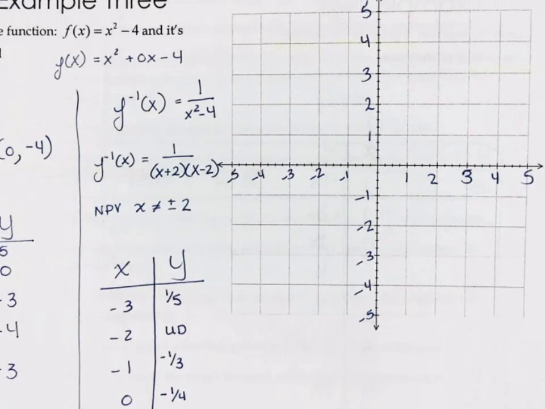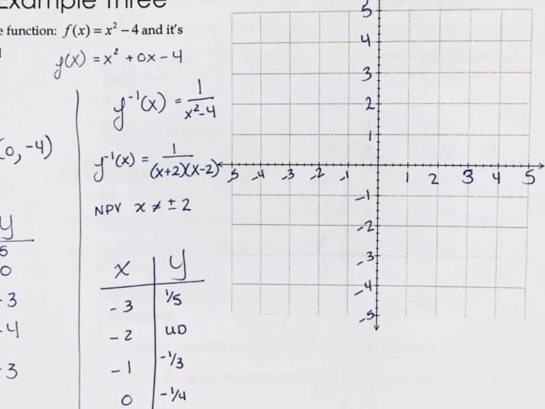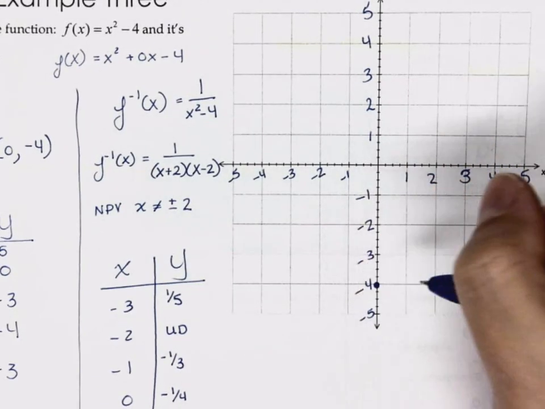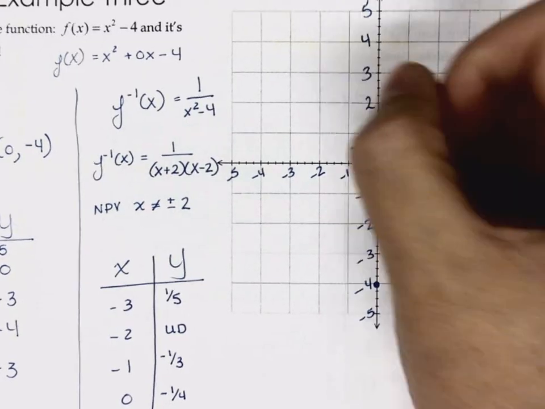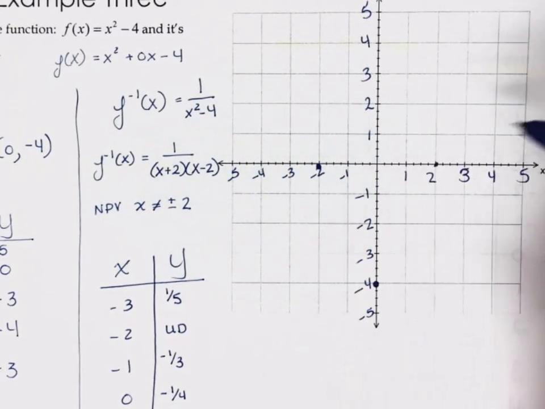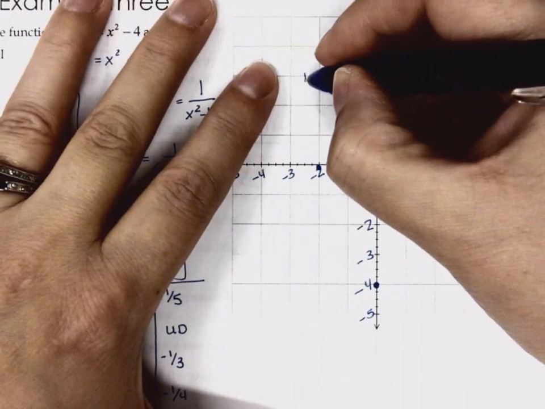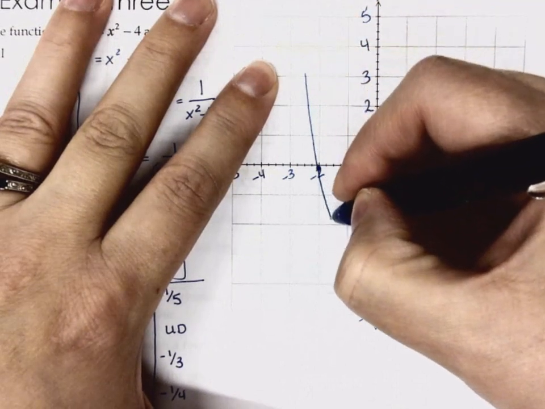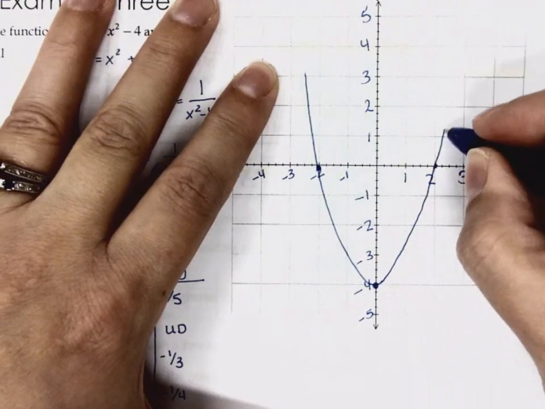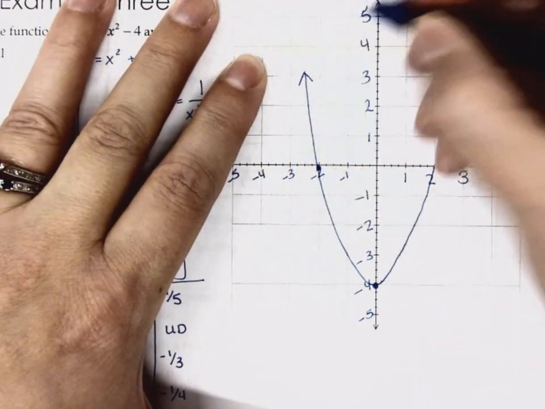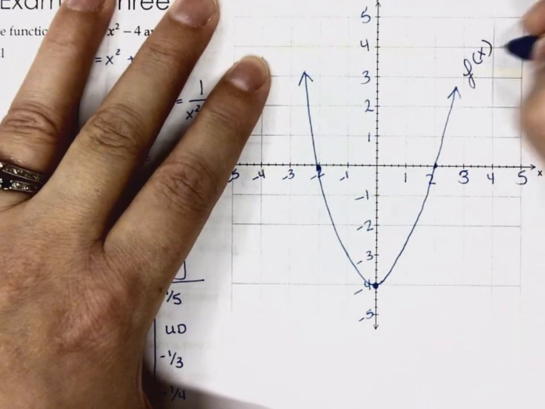Okay, what do you want to graph first? Parabola or reciprocal of parabola? Parabola. Okay, good choice. 0, -4 is here. And I can plot all those points, but I know my x-intercepts are at -2 and +2, and I have faith that that's going to look good.